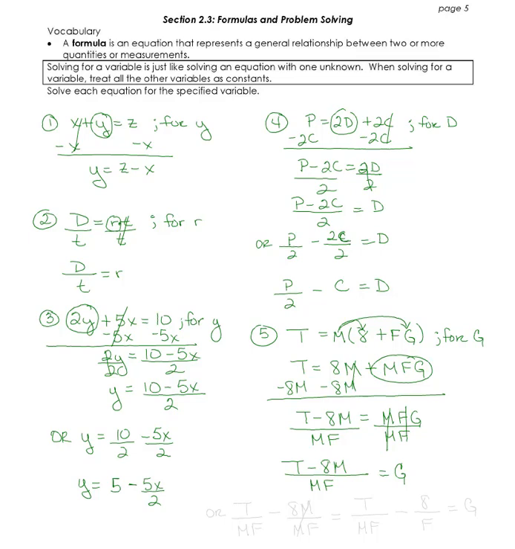We can write it as two separate fractions again. T over mf minus 8m over mf. What divides out? The m's.